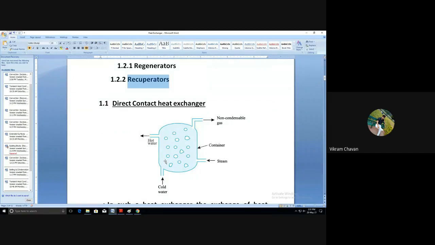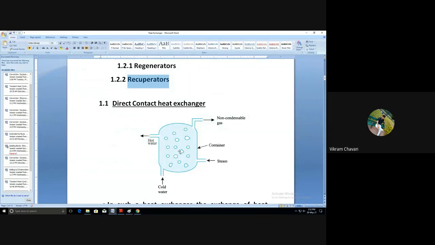In this example, the cold water is one fluid and the other fluid is the steam, and this compartment is the heat exchanger, which allows the exchange of heat between two fluids.